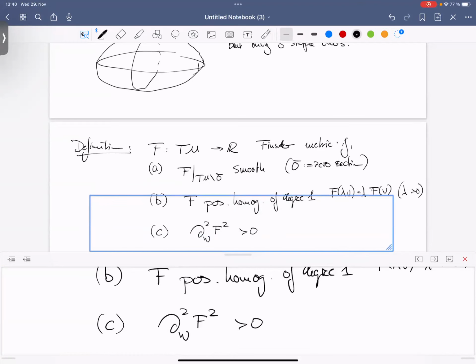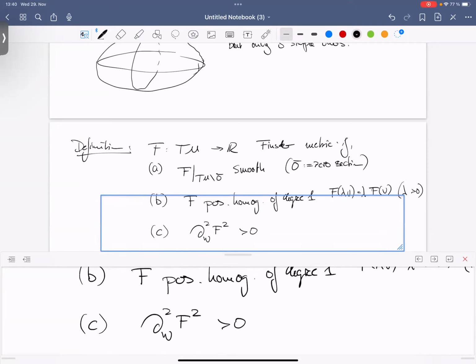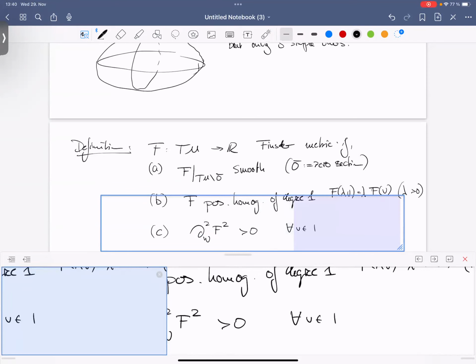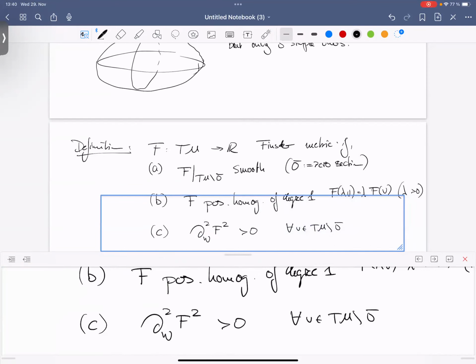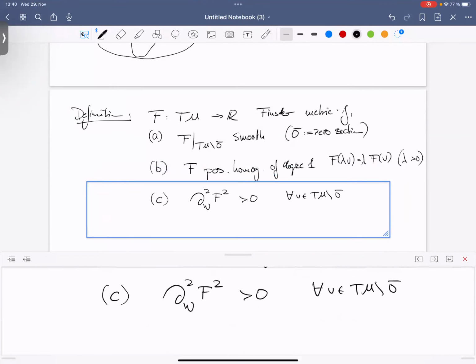But if you square it, it becomes positive homogeneous of degree 2, then you have a chance to be positive definite. And this means, here, for all v in the tangent space outside of the zero section. Okay, that's a Finsler metric.